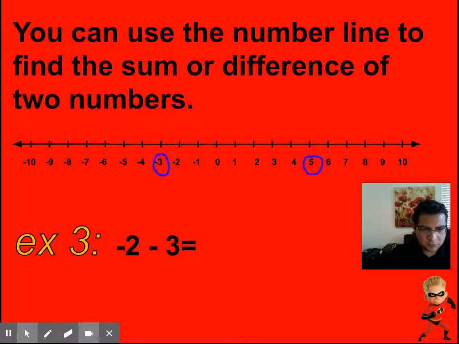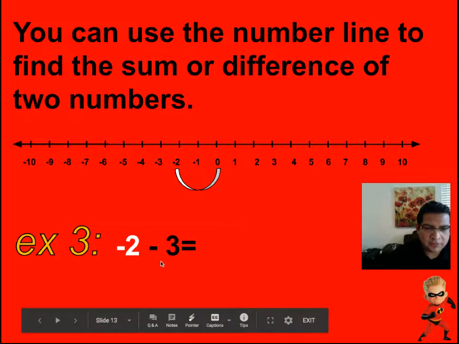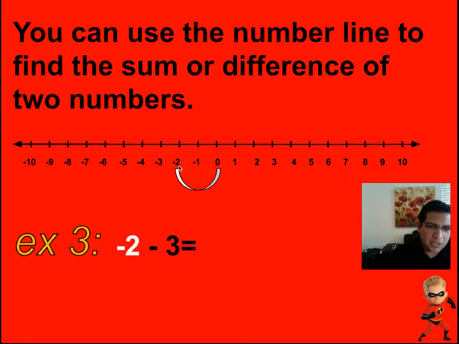Let me go over the next one here. For this one, you start at negative 2. Then you're gonna subtract 3, or go another 3 to the left. Let me show you how that works.